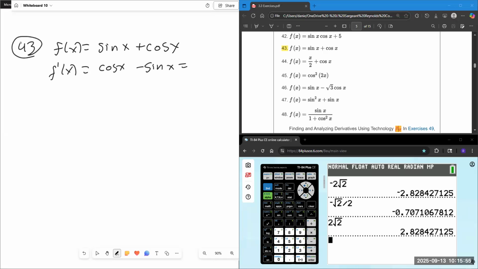When we set this equal to 0, how are we going to solve it? Normally we can't divide by x's, but we're going to say cosine of x is equal to sine x. And we want to divide by the function that's going to give us tangent. So we divide by cosine here and say 1 is equal to tangent of x.